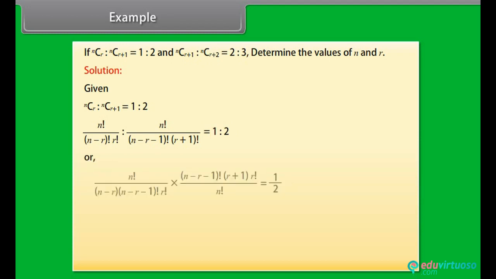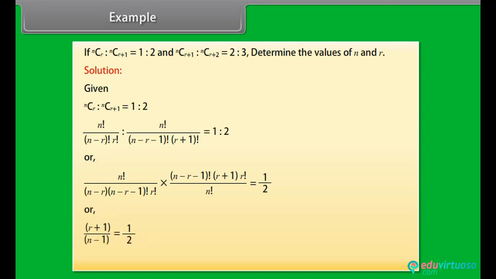Or n factorial by (n minus r) into (n minus r minus 1) factorial into r factorial, multiplied by (n minus r minus 1) factorial into (r plus 1) into r factorial by n factorial, is equal to 1/2.